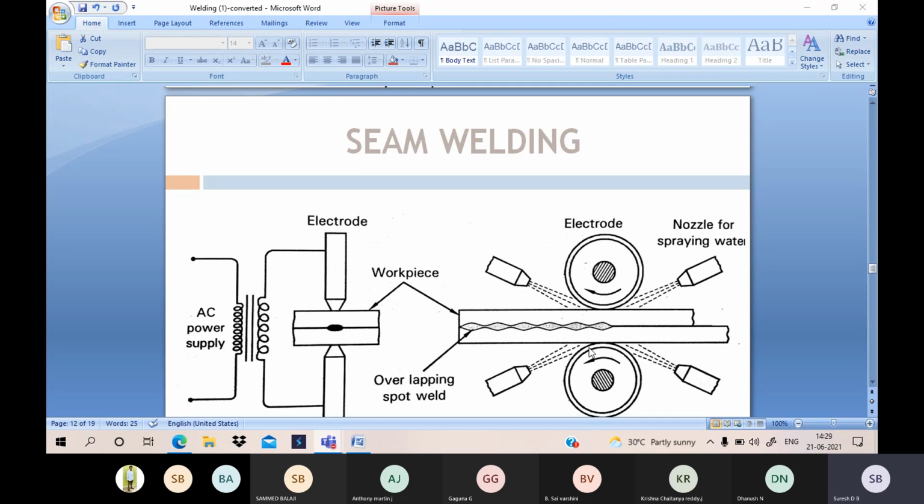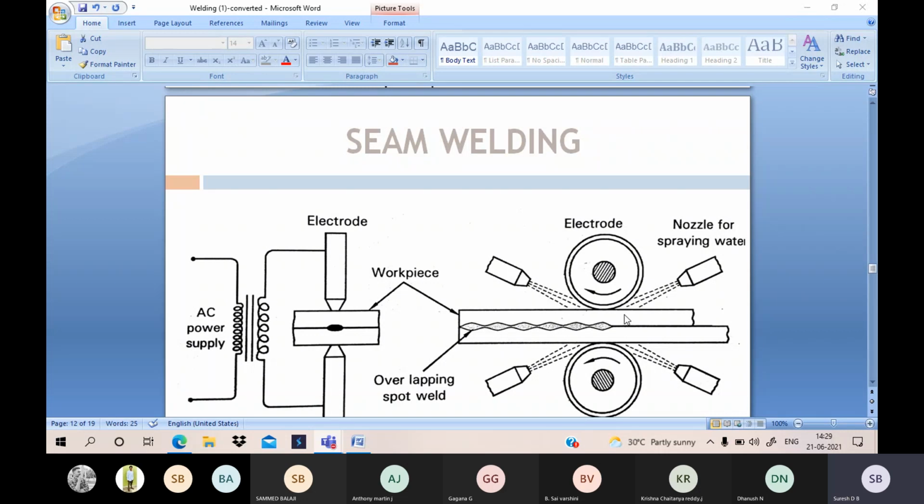Is this a consumable electrode or a non-consumable electrode here in seam welding? Anybody, any idea? Non-consumable, sir. Non-consumable electrode, because the electrode acts like a roller.